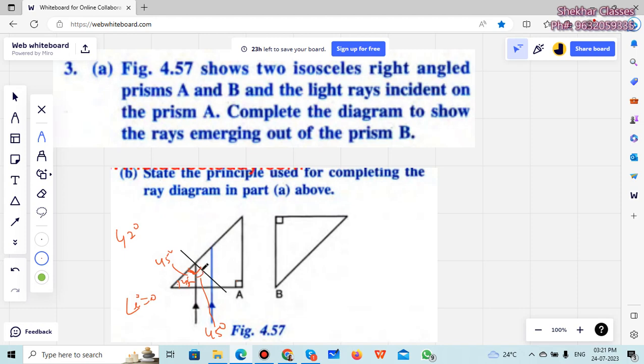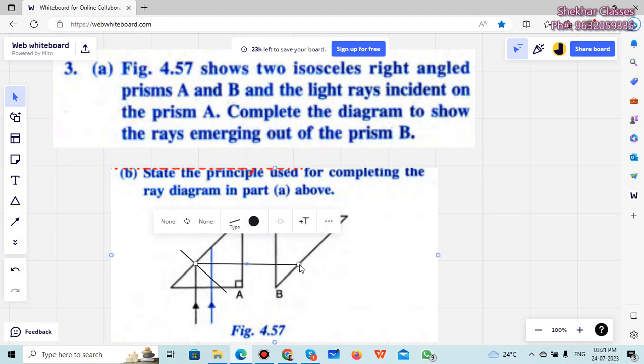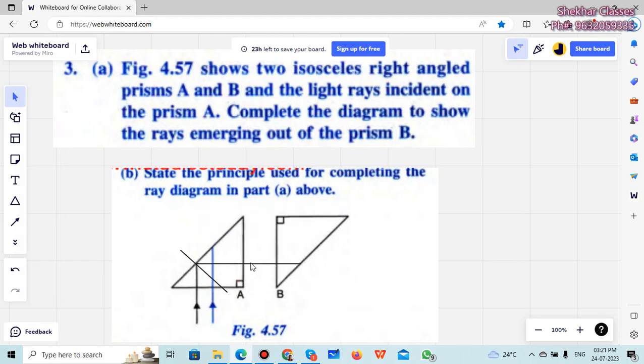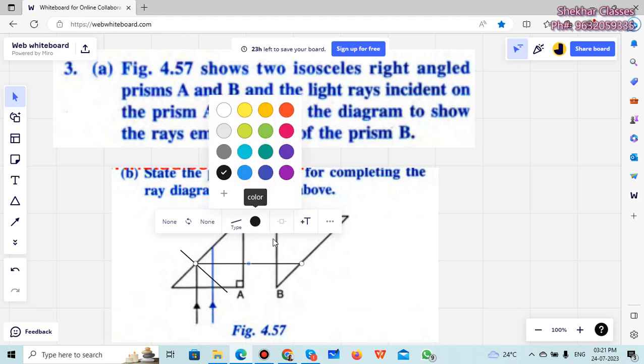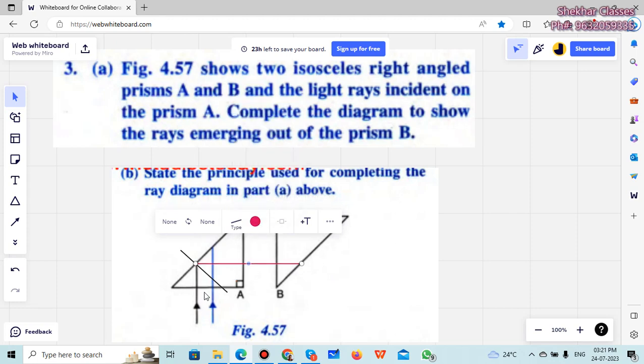Then it makes angle 45. We have to draw another one which is at 45 now. Is that part clear? How we are doing it? So we have to draw a line from here at 45 degrees. Why have we drawn 45 here?